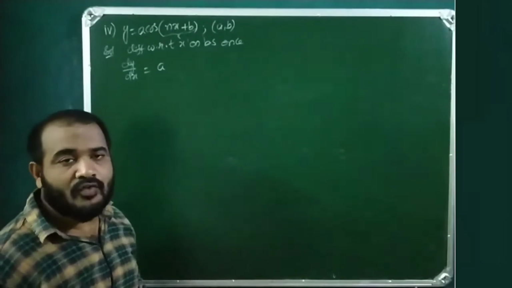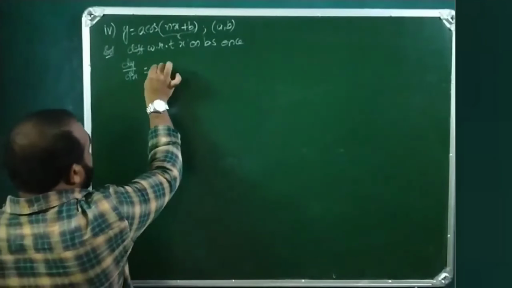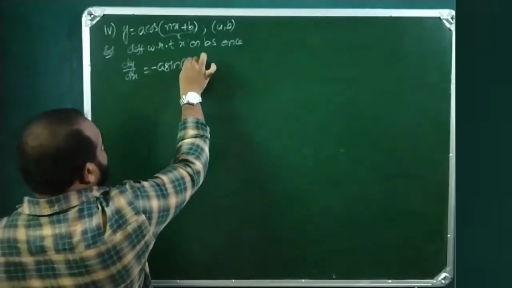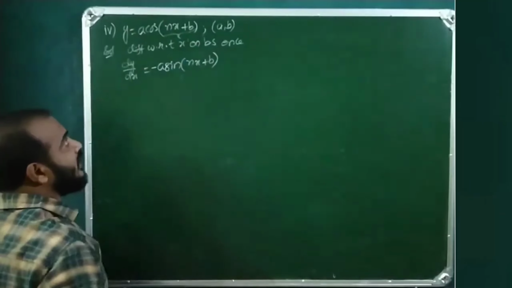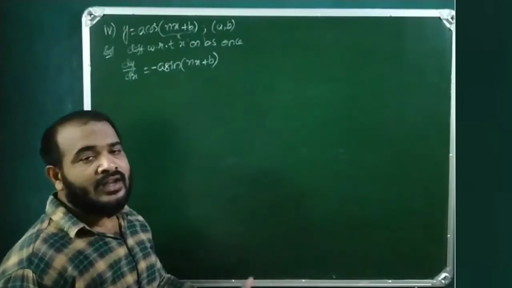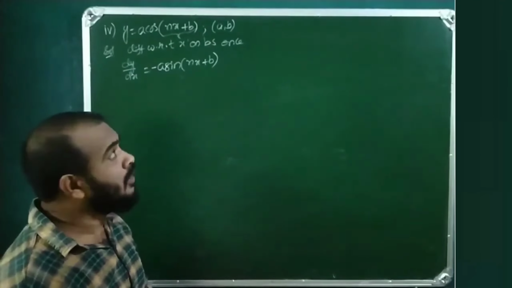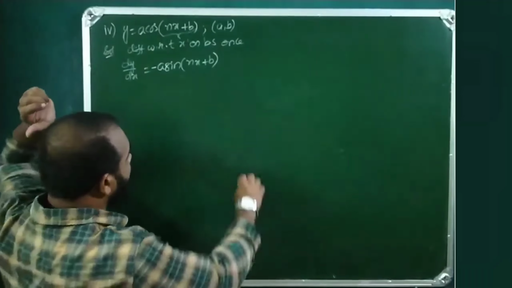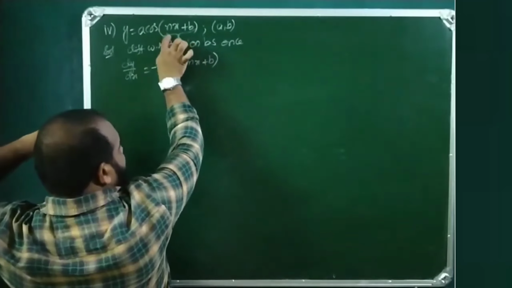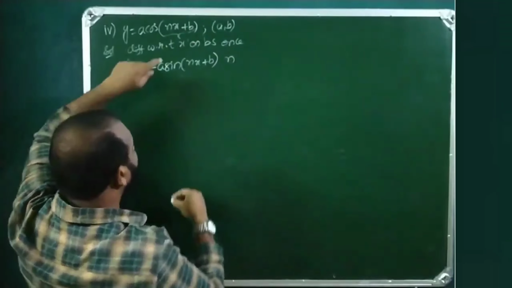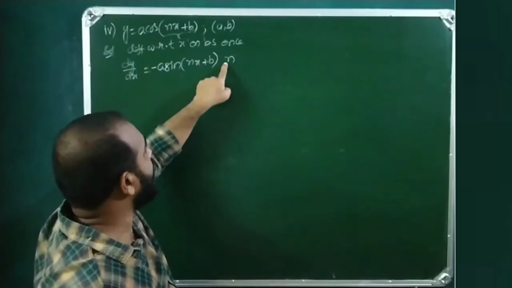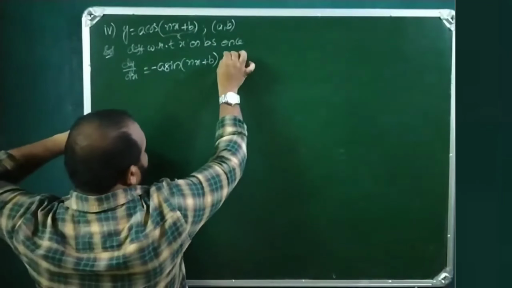What is the derivative of cos x? Minus sine. So minus sine nx plus b into, since we have taken this to be x, later we need to differentiate it. d by dx of nx plus b, so d by dx of nx plus d by dx of b. d by dx of nx is n into d by dx of x, which is 1. n into 1 is n, plus b derivative is 0. So this is n.